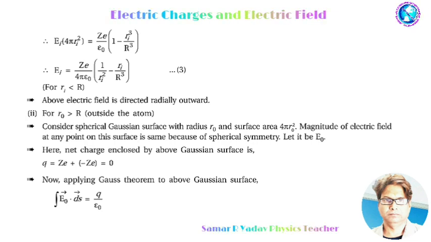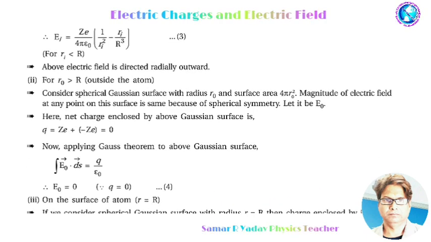Second, for r0 greater than capital R, outside the atom, consider a spherical Gaussian surface with radius r0 and surface area 4 pi r0 square. Magnitude of the electric field at any point on this surface is the same because of the spherical symmetry. Let it be E0.